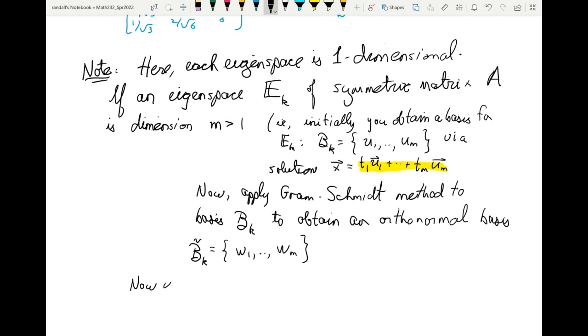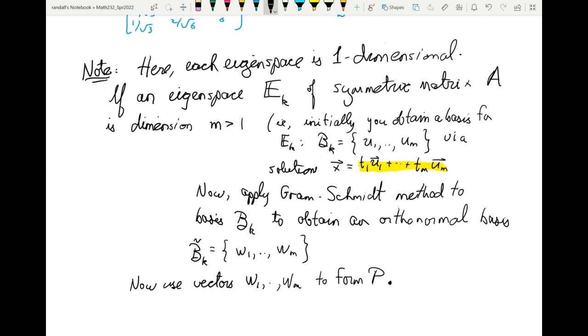Now use these vectors, w1 to wm, to form P. That's even more work in the situation of orthogonal diagonalization. When you diagonalize a matrix, you find eigenvalues and then all the eigenvectors, then you form the matrix P that diagonalizes, and then you're done.